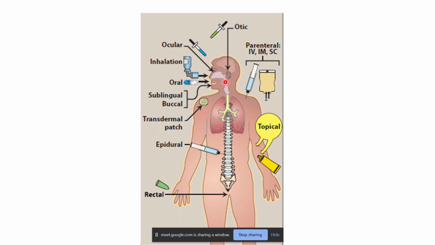Intrathecal and intraventricular routes are injected directly under the brain. These are usually very rare cases.